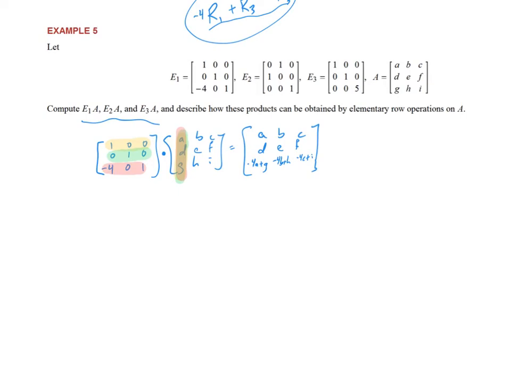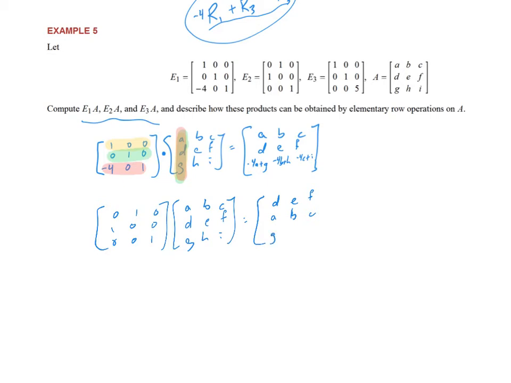In a similar fashion, if I multiply E2, 0, 1, 0, 1, 0, 0, 0, 0, 1 times my matrix A, B, C, D, E, F, G, H, I, that produces, well, 0, 1, 0 going through my matrix is going to put a D, E, F up top. 1, 0, 0 multiplying through the matrix on the right is going to put an A, B, C in the middle, and 0, 0, 1 is going to produce G, H, I. And so that product switched rows 1 and 2.